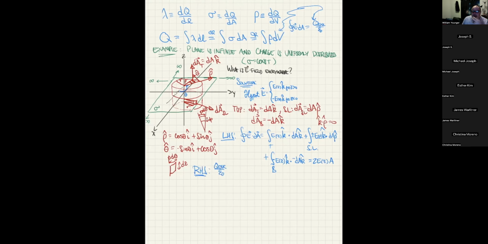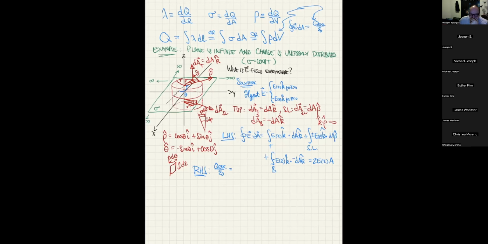Okay, so the right-hand side is where you can sometimes get the more difficult part. In this case, it should be pretty straightforward. If I tell you, for instance, that the charge per unit area is sigma, and that the area of the top of this can, and therefore also the middle section and the bottom section of the can, is A, can anybody tell me how much charge would be enclosed in that cylinder?